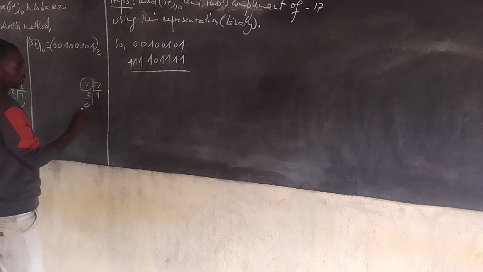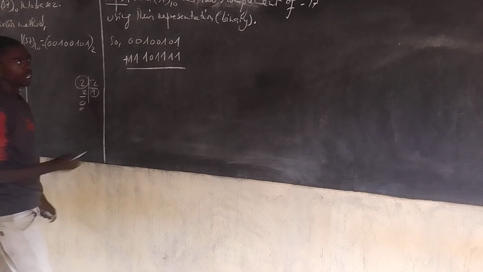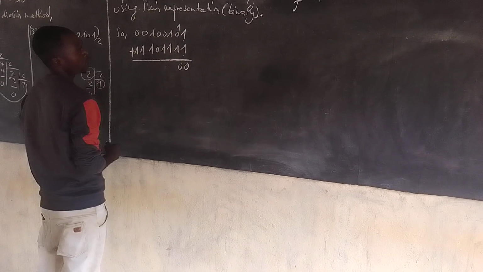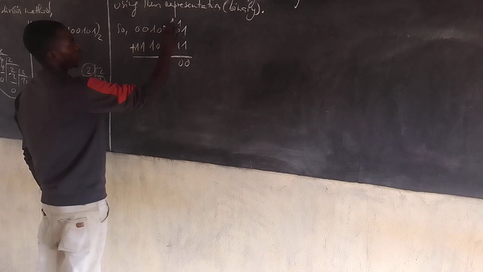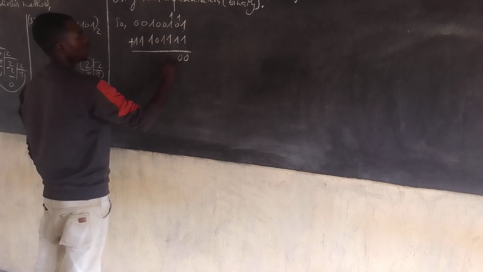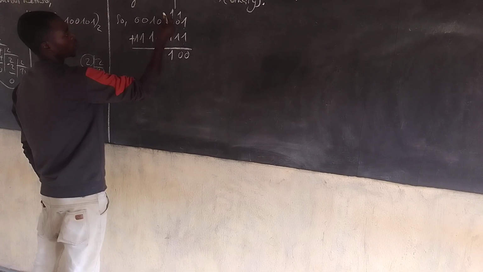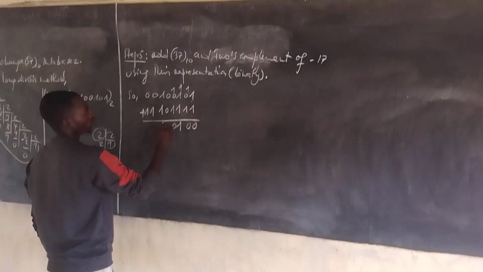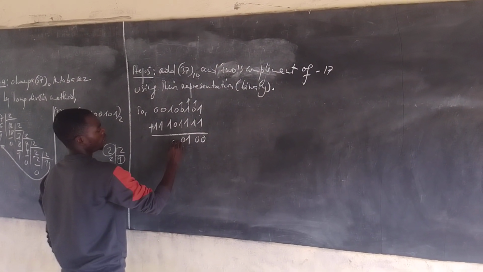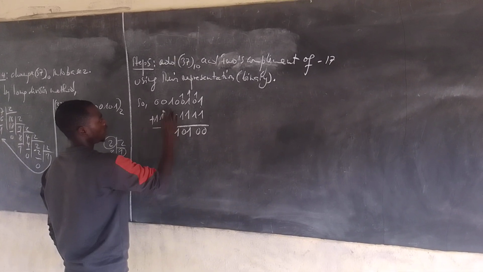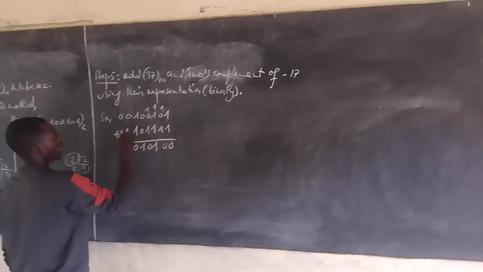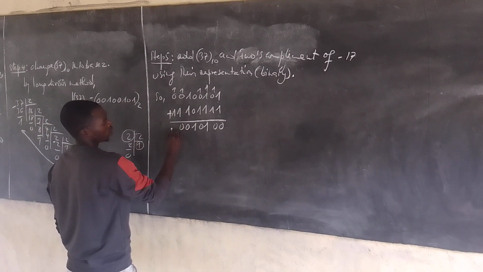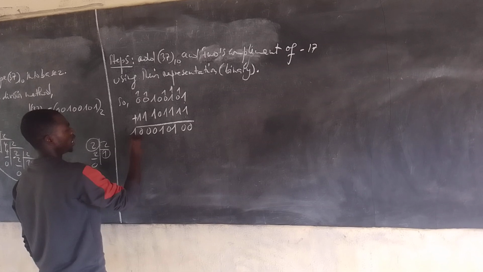Then here it is 0, we carry 1 again, and so on, carrying 1 through the remaining positions until we finish.